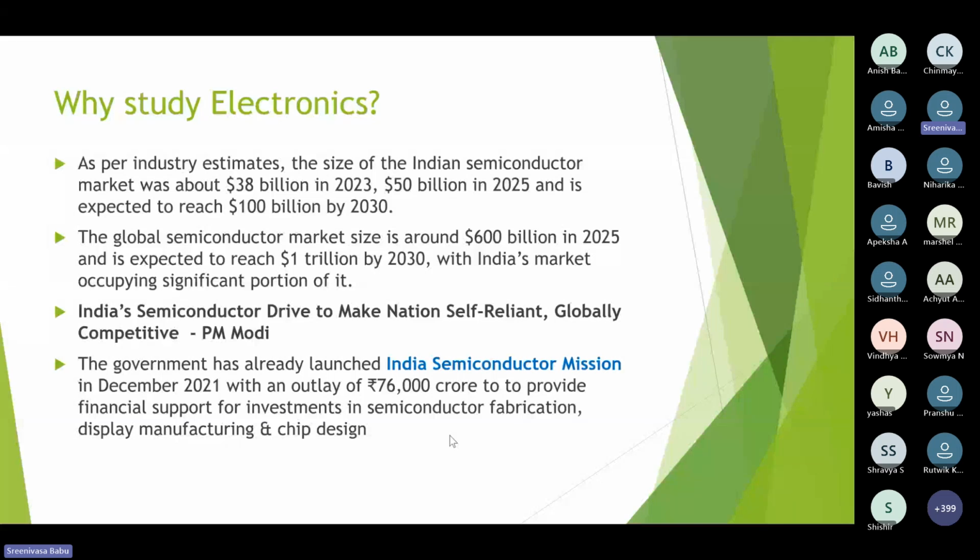ism.gov.in. Recently, you would have seen in the newspaper that Semicon 2025 has been concluded, and in that, our Prime Minister has said that India's semiconductor drive is to make the nation self-reliant. That means we have to make our country self-reliant.